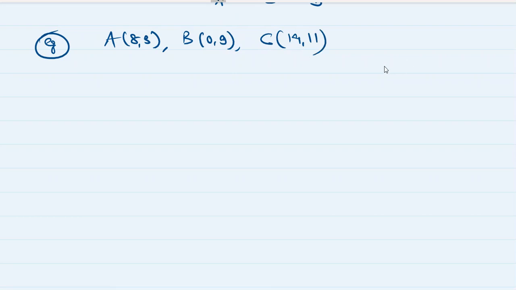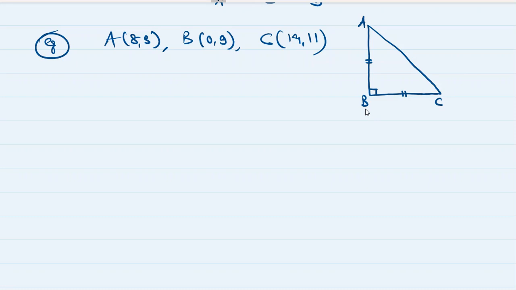So we have to show that these 3 points are the vertices of a right isosceles triangle. What is a right isosceles triangle? So we have a triangle ABC, which is a right isosceles triangle.